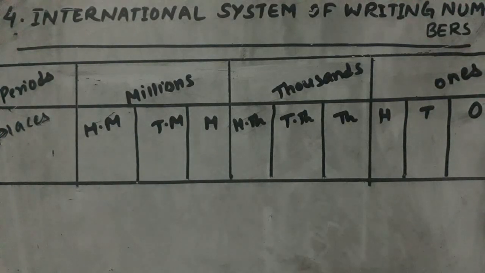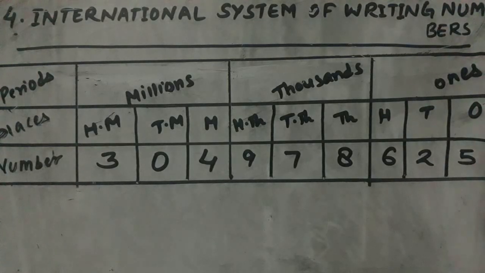Now students, let's take a number and keep it in this place value chart to understand how to write the number name in the international system. Here I have kept a number in the place value chart.